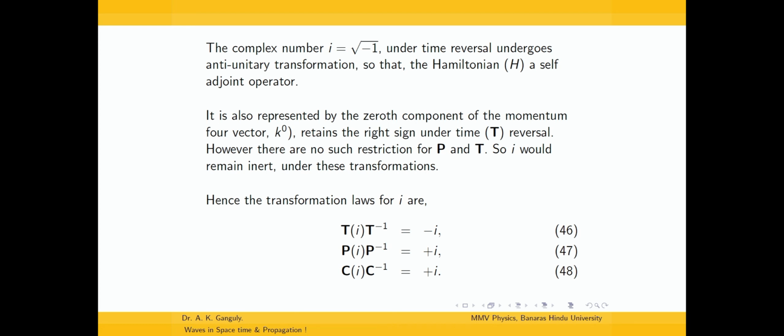So, that is how the transformation property of this quantity i is actually fixed. However, if we look at the spatial components, that is to say, let's say x or y or z, they do not enter into this description anymore, because time translation invariance is what leads to the appearance of constant energy, but not with the other three that we have mentioned.